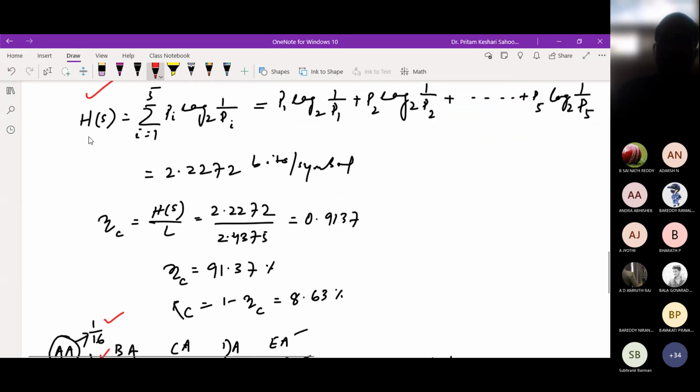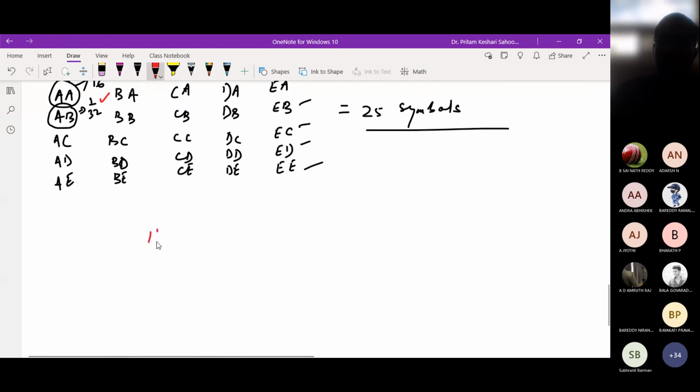And next, when you are going to calculate H of S, or the entropy, just recall our previous discussion of entropy. When we are finding the second extension of entropy, that we represent as H of S square, that is nothing but 2 into H of S. We studied a property before that if we are finding the nth extension of any source, the entropy of the nth extension is nothing but n times the entropy of the first extension.